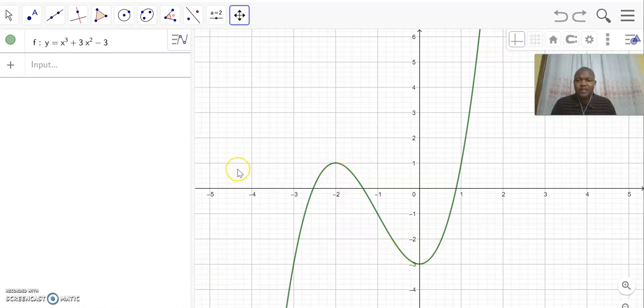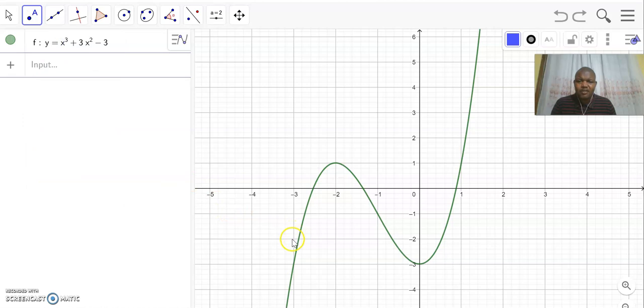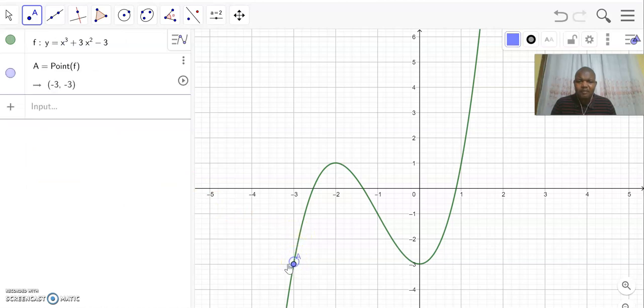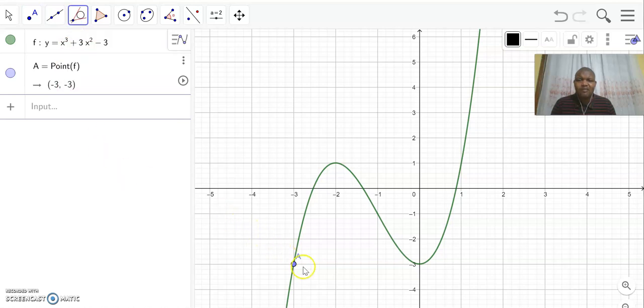What are the properties? So what we are going to do, we are going to identify a point on the curve. So let me identify point A there. Then at this point, I'm going to bring in the tangent at that particular point.